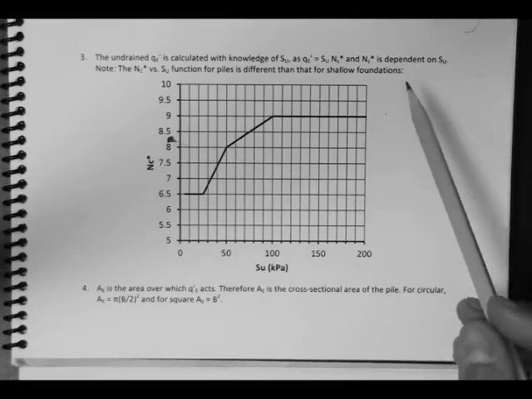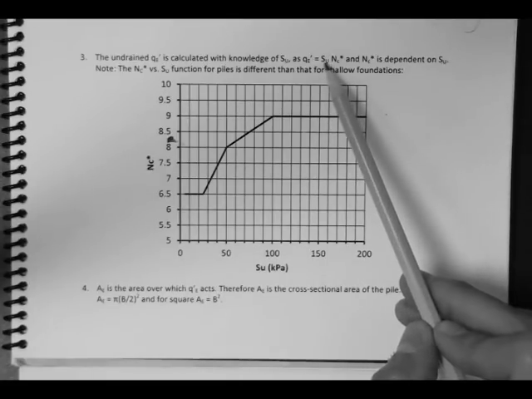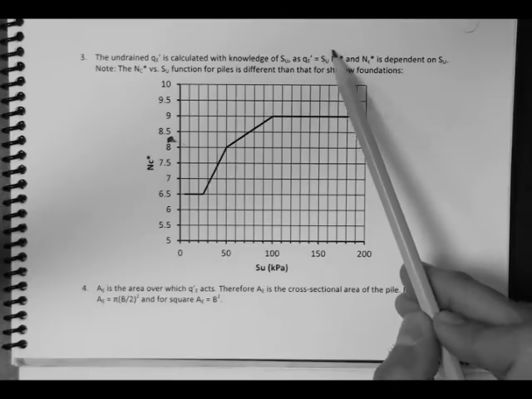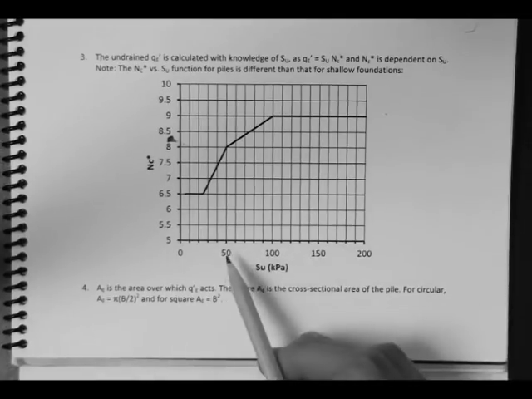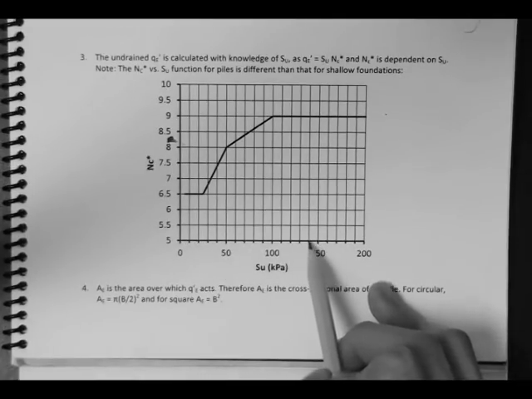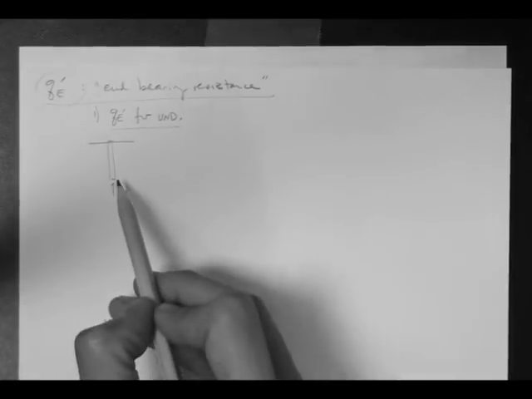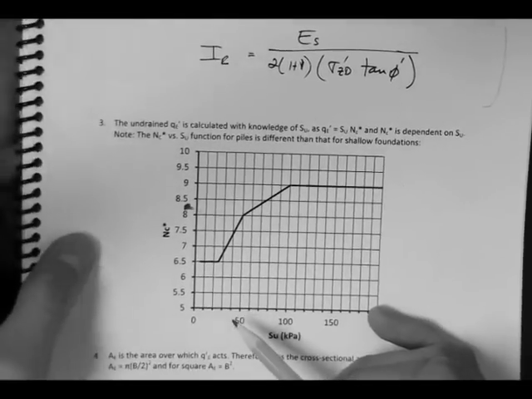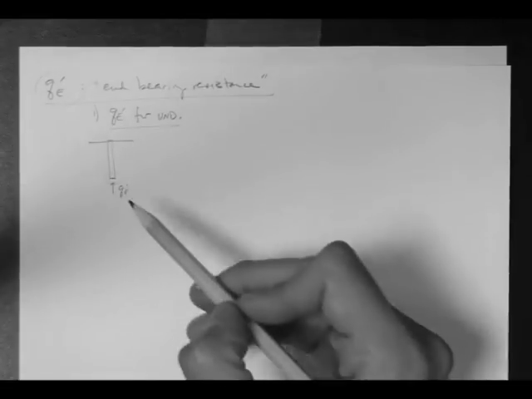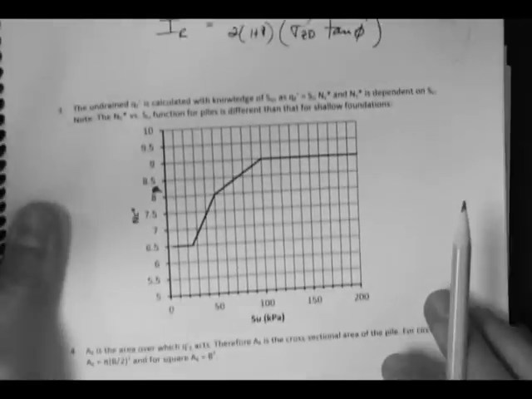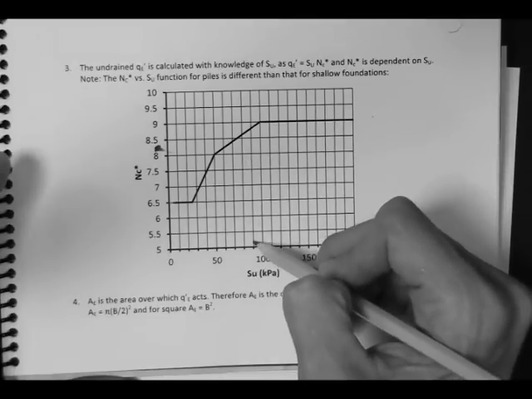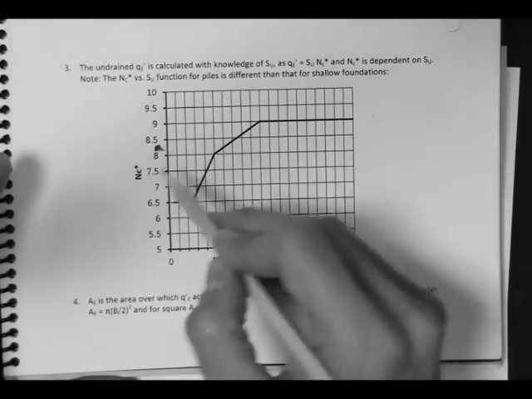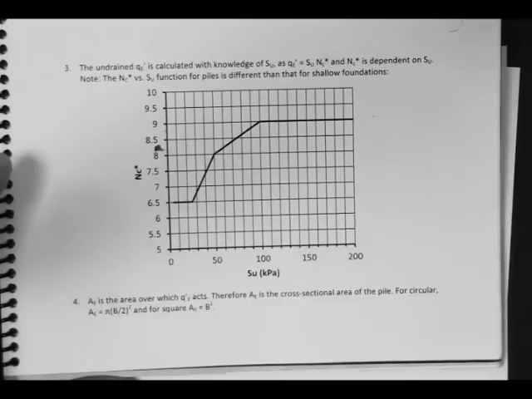So it's very similar to the alpha method in the sense that you multiply the Su times some parameter that is dependent on the Su. In this case, it's called Nc star. So depending on the Su of the soil in this area, or in that zone, let's say it's, I don't know, 90 kPa, then your Nc star is 8.75 in that case.